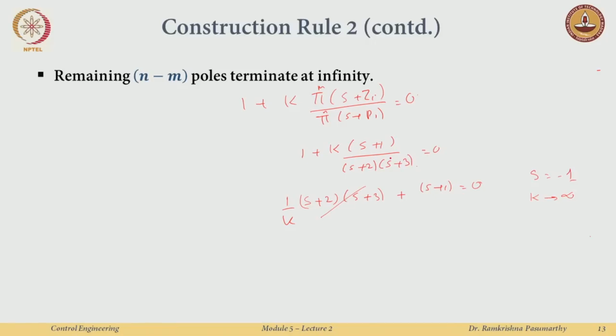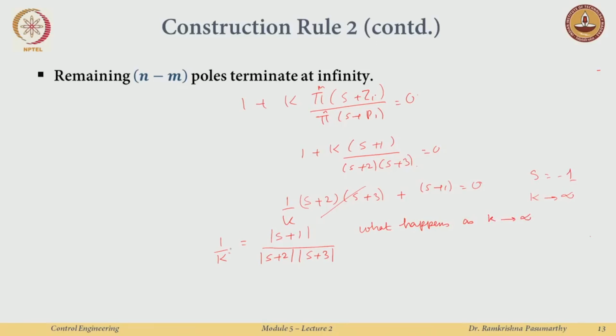Now, are there any other solutions to this equation? Let us rewrite it in a slightly different way. I have 1 over k equals the magnitude of (s plus 1) over (s plus 2)(s plus 3), and I am interested in what happens as k goes to infinity.